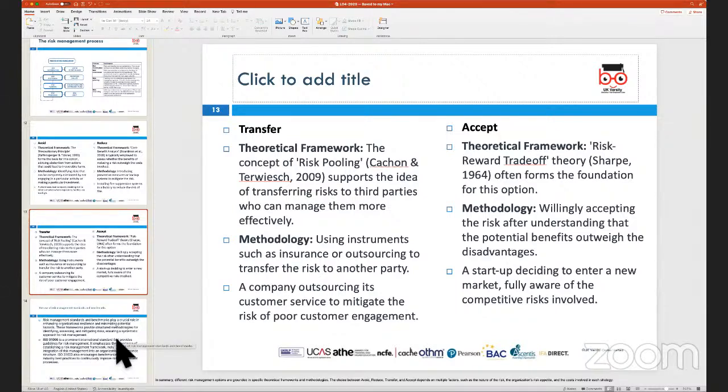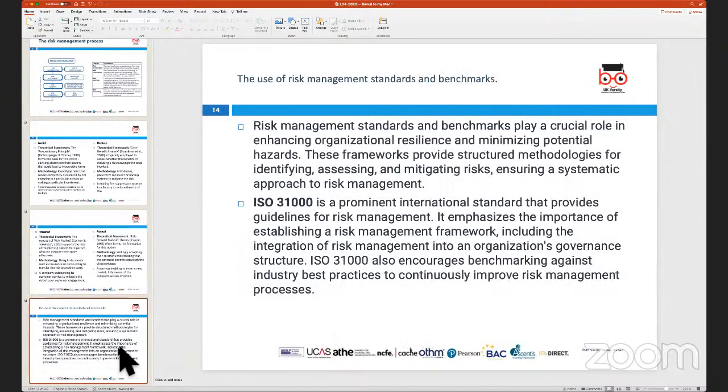Venture capitalists investing in that business would understand that the risks are quite high, but if the business makes it, then obviously the rewards are also going to be quite high. That is where accepting the risk tends to apply, with the example of a startup firm. Any questions on this so far?